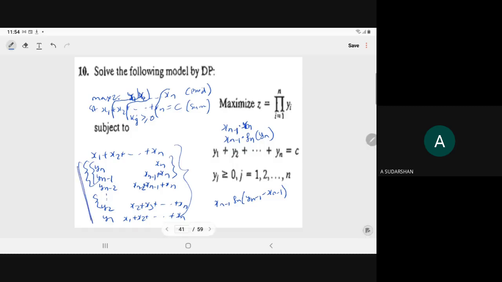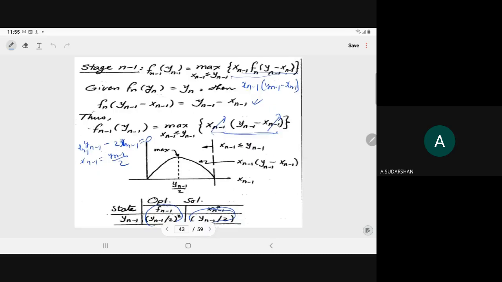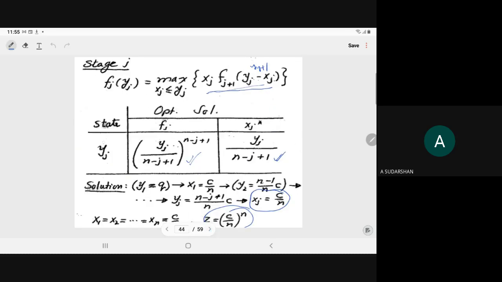From here you can write yj and yj plus 1. So yj is xj plus 1 plus up to xn, and yj plus 1 is xj plus 1, xj plus 2 up to xn. So when you subtract these two, you will get yj plus 1 as yj minus xj.